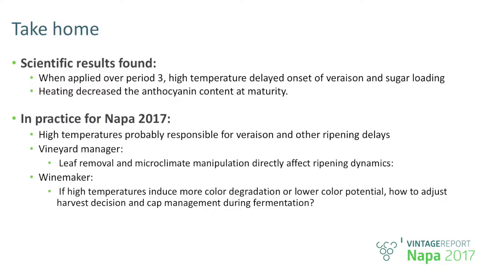So this is a big concern because you might be the best vineyard manager or the best wine grower, when heat hits you, it's something that can negate all your good work. So in practice for Napa, it's very likely that despite the very good conditions for the plant development setting the stage in period 2 and 3, we are going to observe a degradation of the qualitative potential due to those high temperatures.